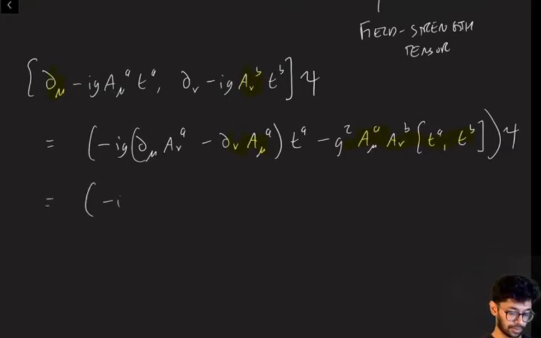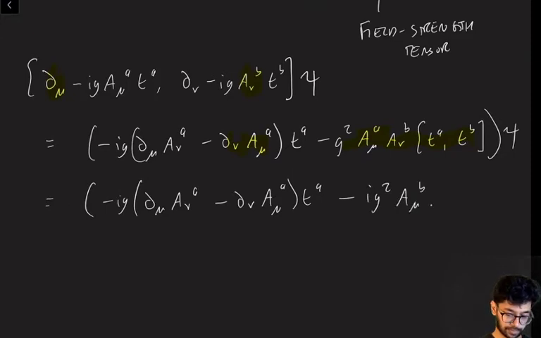Now if I continue to work this out, then I can use the definition of the structure constants to further write this in the following way: A mu B, A nu C, f B C A, T A, all acting on psi.